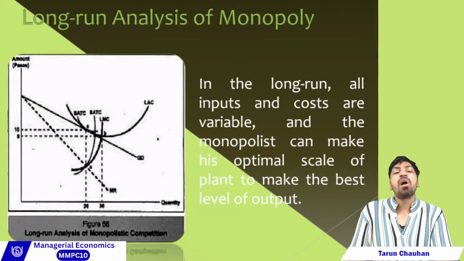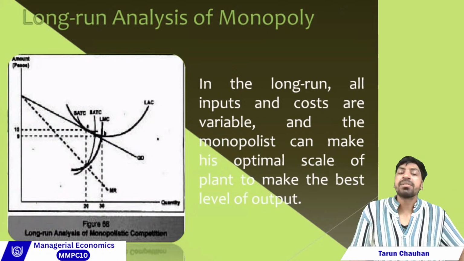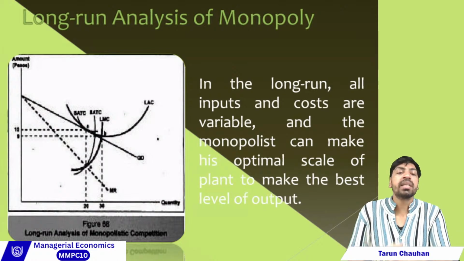That is the long run average cost curve at its minimum point, the long run marginal cost curve, and where the long run marginal cost begins, you have to draw the short run average cost curve.